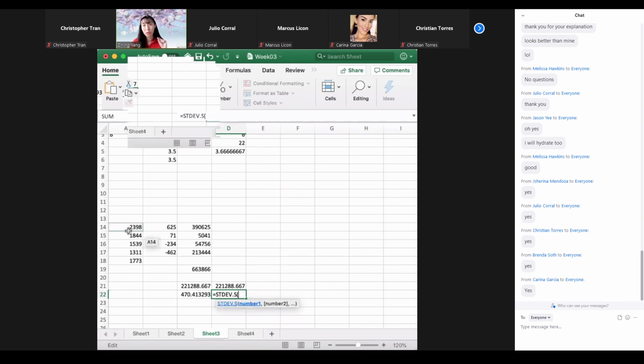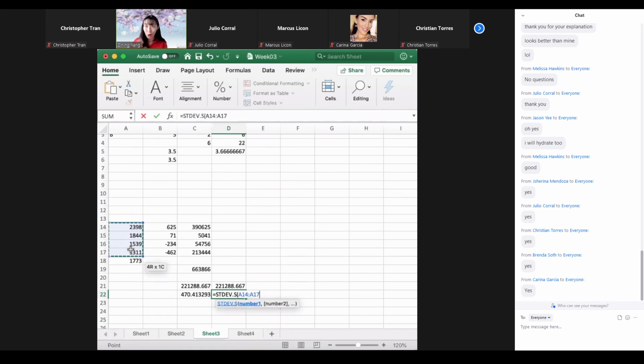Dot S means for the sample. So now we select all 4 input data. Close parentheses. We get the same value, same as what we calculated earlier. So that's the Excel formula for standard deviation.